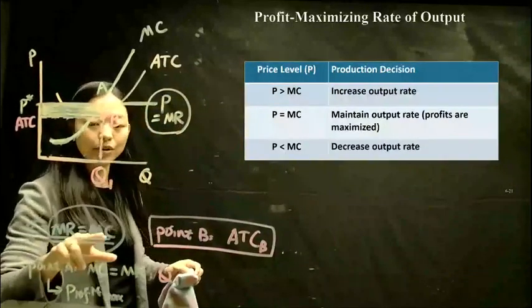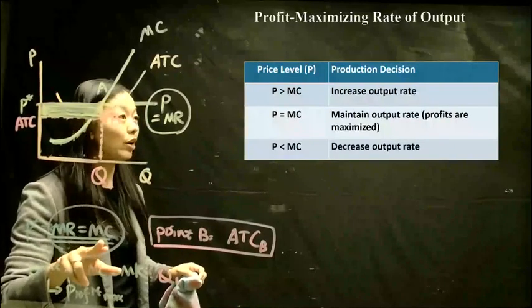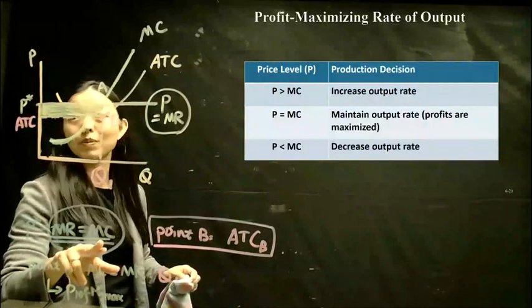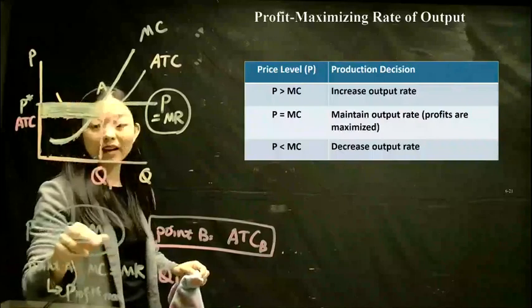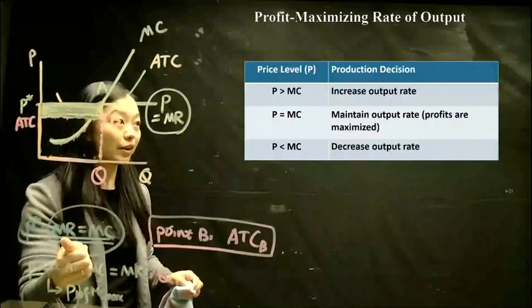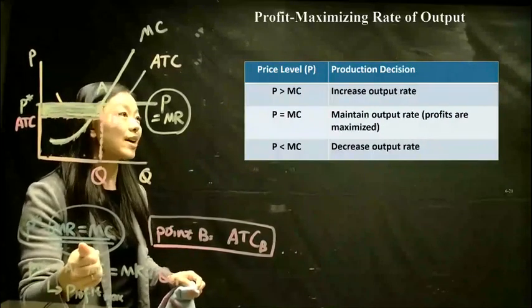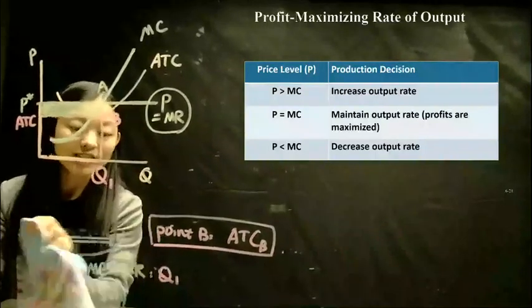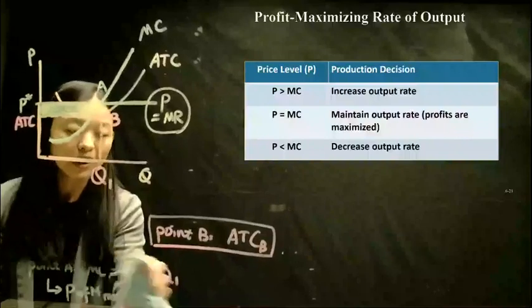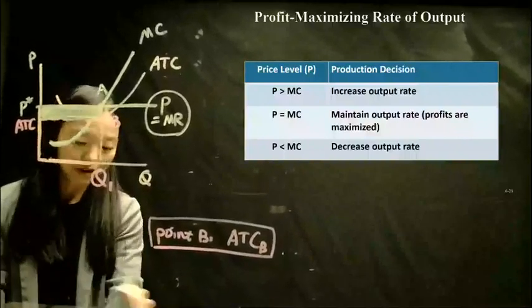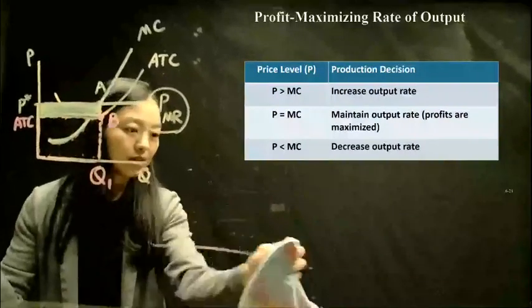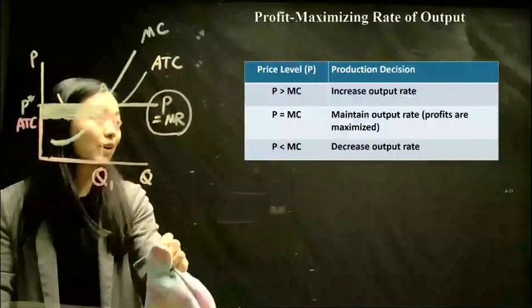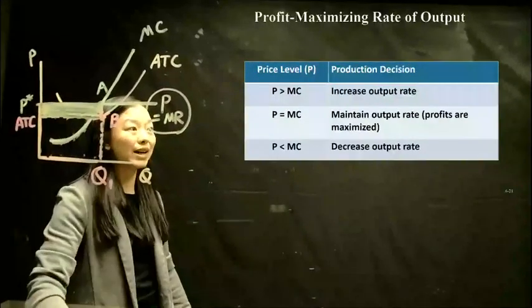So when marginal revenue equals marginal cost, then we know the profit reaches its maximum, okay? And if the marginal revenue, or the price, is less than marginal cost, then the firm should decrease production to have a higher profit. So this table summarizes the profit maximization rule for a competitive firm.